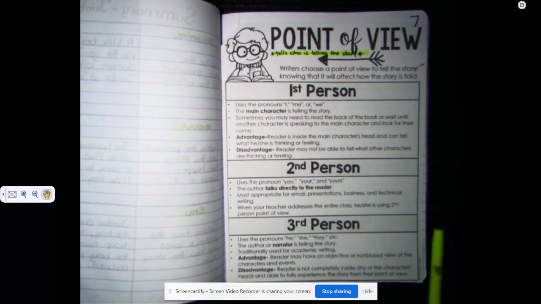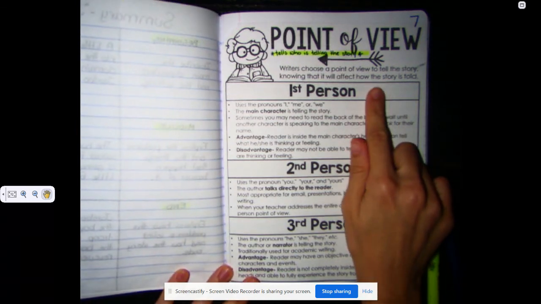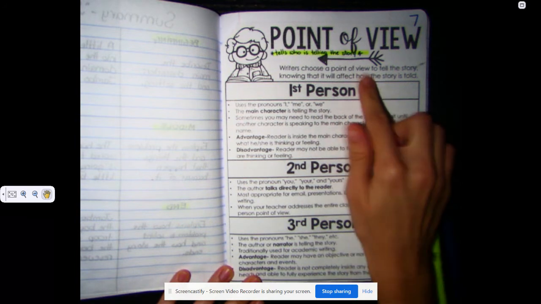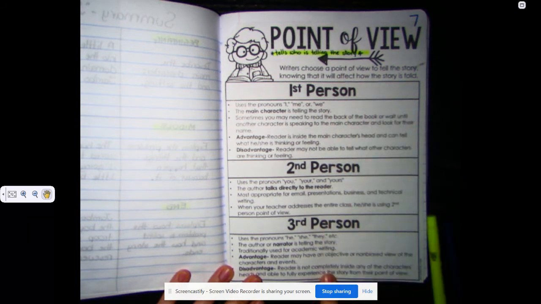Okay, writers choose point of view to tell the story, knowing that it will affect how the story is told. Okay, and we've got 3 different points of view: first person, second person, and third person. I want you to pay special attention to first person and third person because those are the ones that you really need to know for 4th grade.